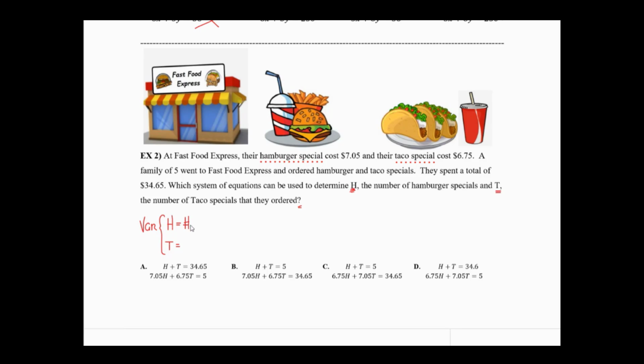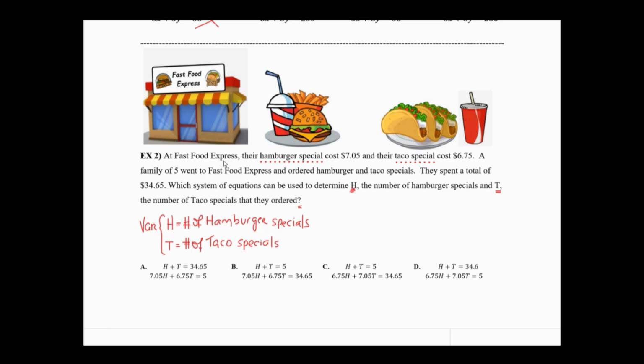So I'm going to write there number of hamburger specials. And letter T is going to be the number of taco specials. Okay, he's talking about hamburger versus tacos. But let's go ahead now and tackle the problem.